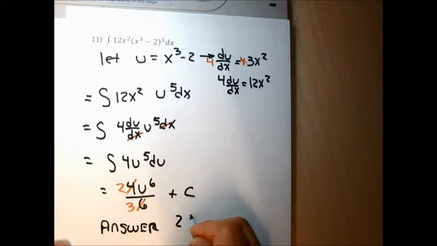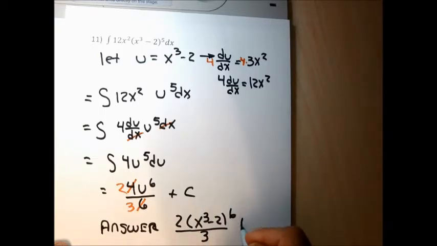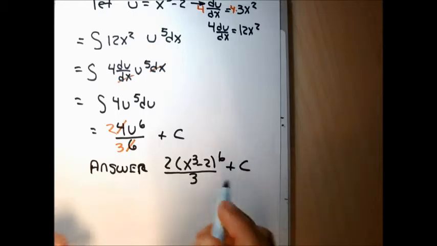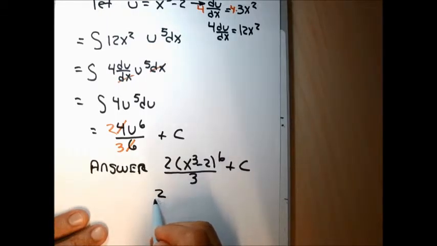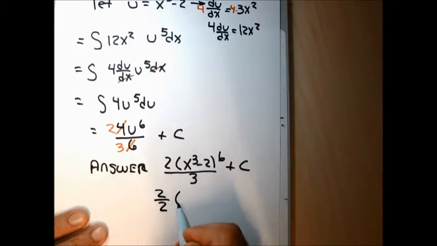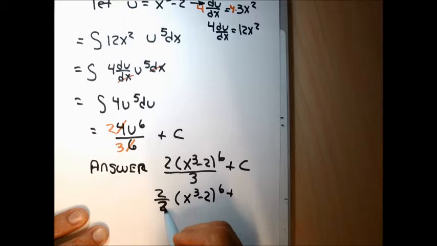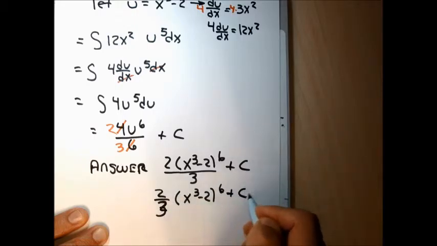So I'm going to go 2 times x cubed minus 2 to the 6th over 3 plus c. You can make this 2/3 times x cubed minus 2 to the 6th plus c if you really care to.